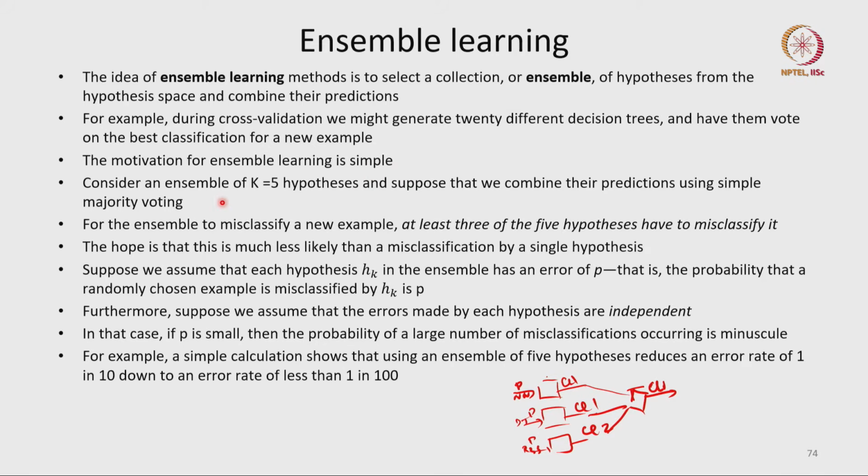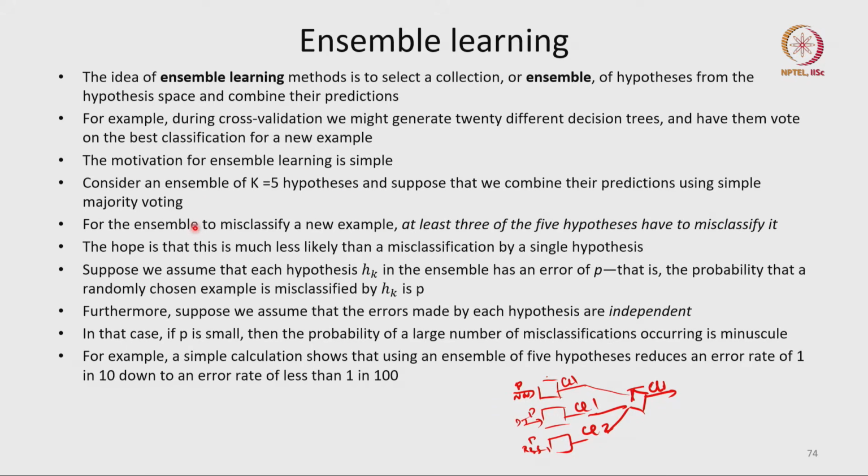So, suppose you have an ensemble of 5 hypotheses. Okay, so what you are doing is that you have 5 classifiers which you are going to use, or they may be all the same classifiers, but you may be taking different subsets of the training data that you are using.